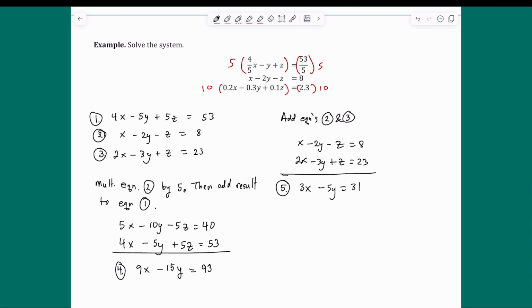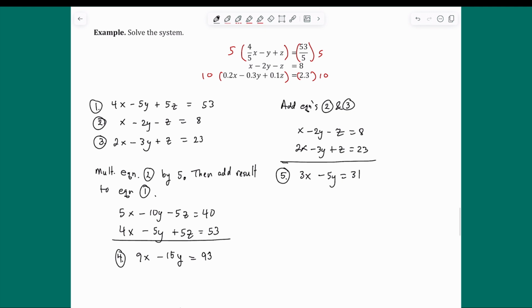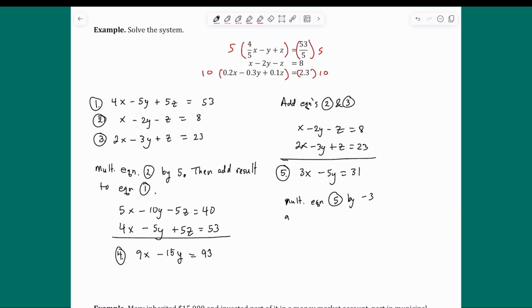So we eliminated z. Now we have a new system, equations 4 and 5. I'm going to try to eliminate, say, x, for instance. So I'm going to multiply equation 5 by, say, -3 and add the result to equation 4.